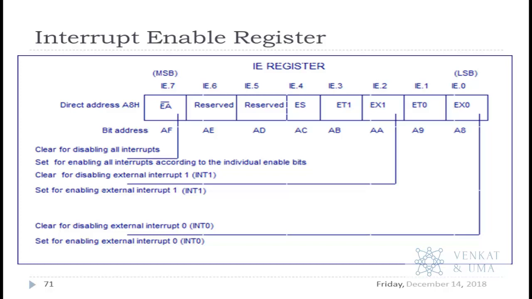You can write this as a binary into the IE register, or convert it to an equivalent hexadecimal and write it to the interrupt enable register. Depending upon what kind of interrupts you want to enable, you appropriately write 1s and 0s, find the combination as a hexadecimal number, and move that number into the IE register to activate that particular interrupt. Is that clear?